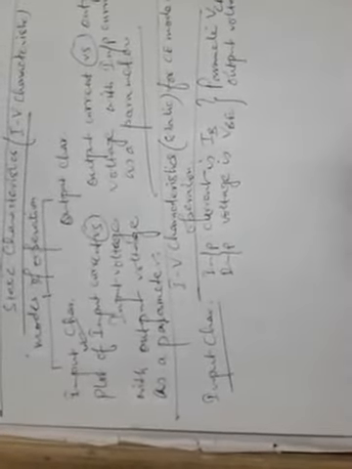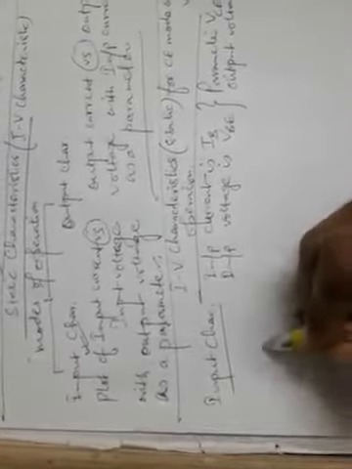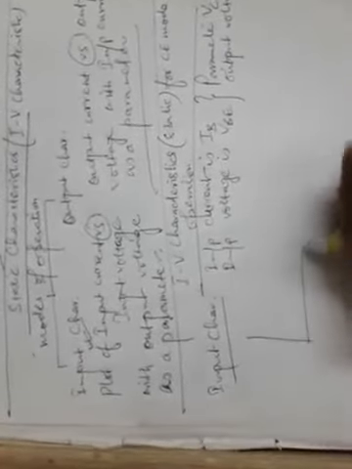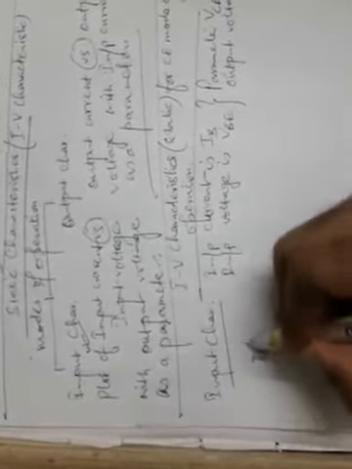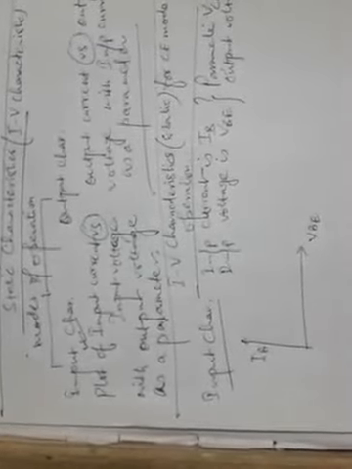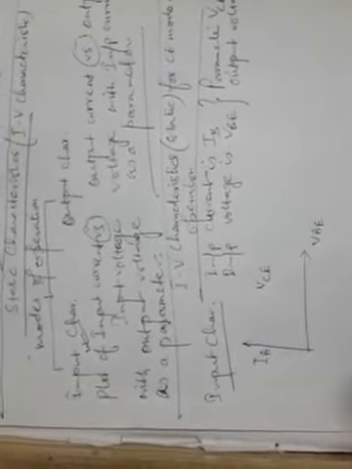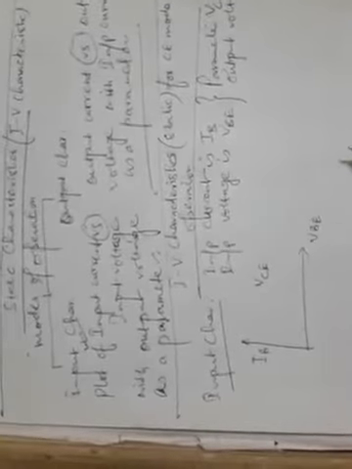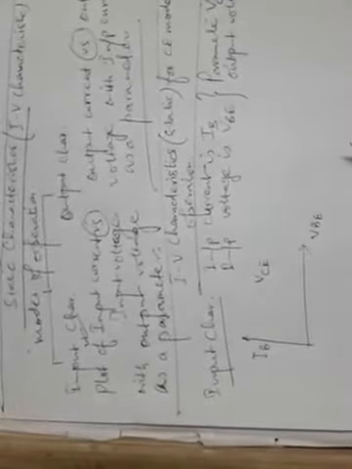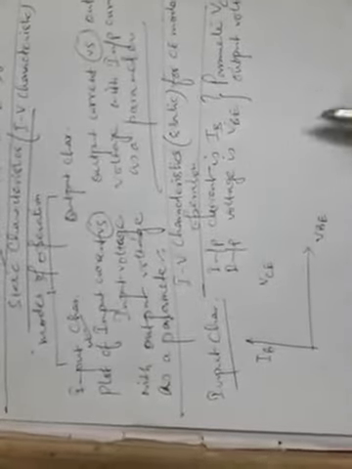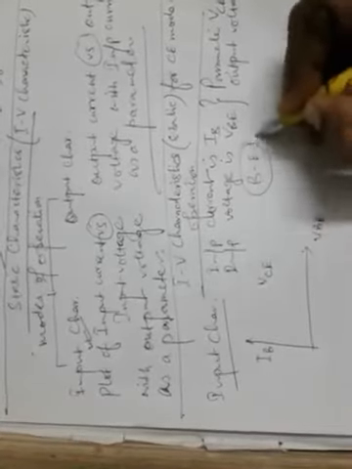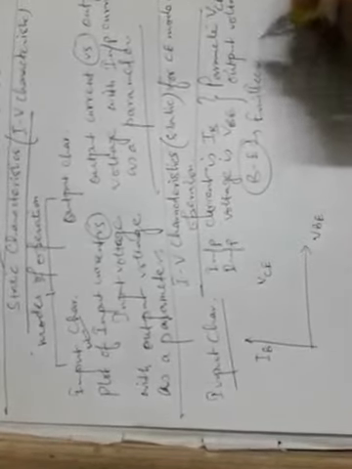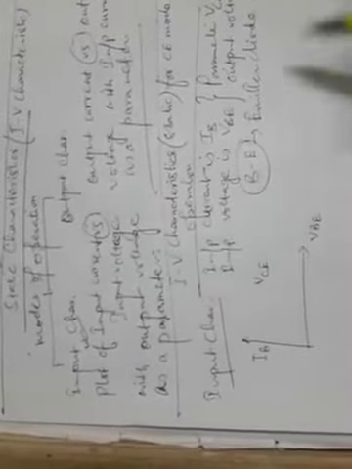Now how will this plot look? For a fixed value of VCE, we will get VBE on the x-axis and IB on the y-axis. IB and VBE is something like an emitter diode. The input circuit, the base emitter junction, is nothing but the emitter diode.